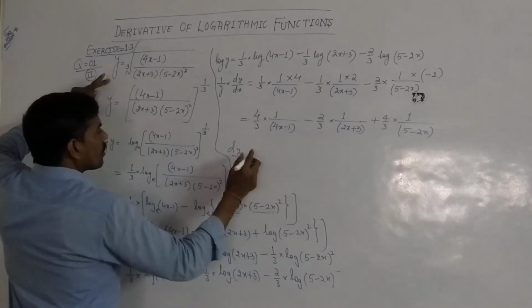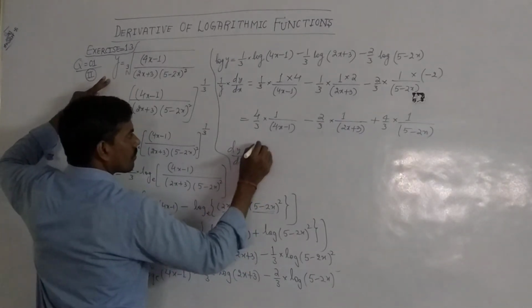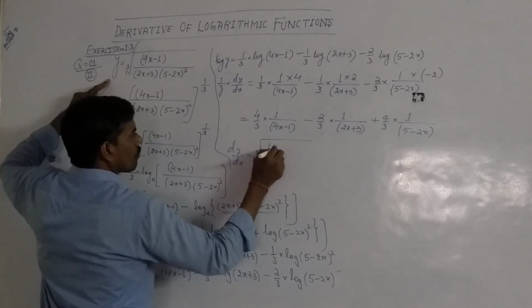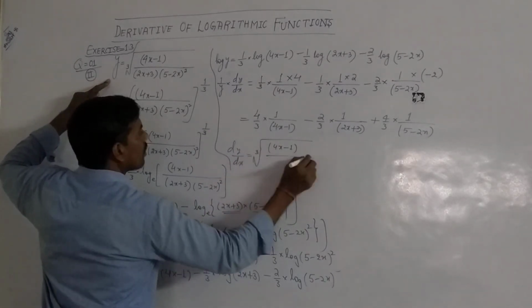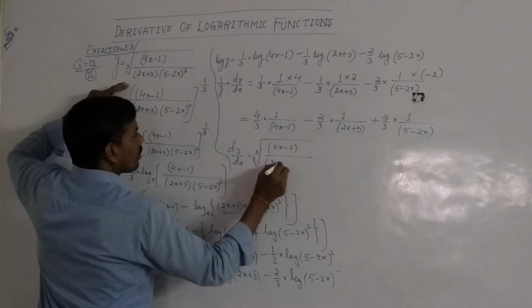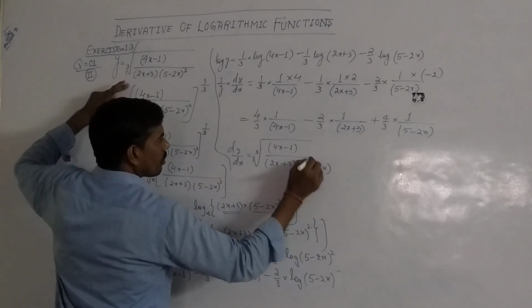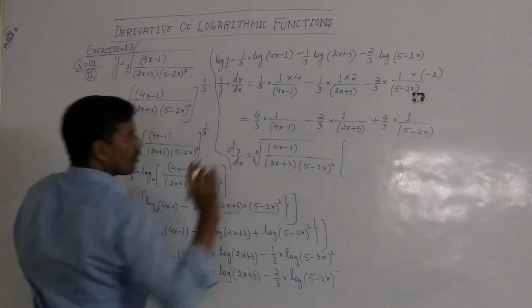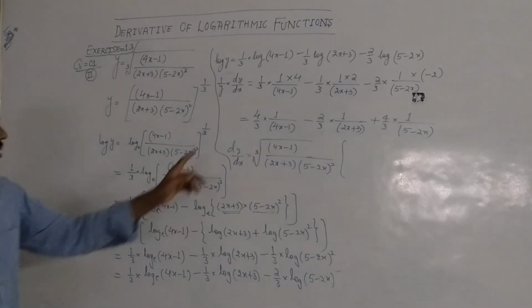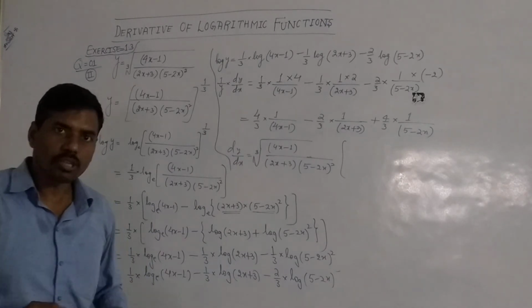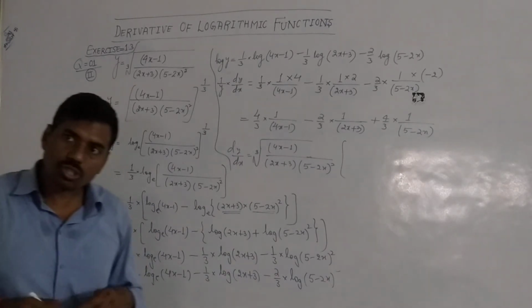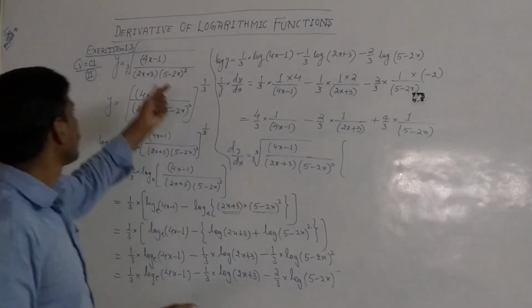Y is cube root of 4x minus 1 whole divided by 2x plus 3 into 5 minus 2x power 2. Okay? y is multiplied, but we have to find the actual value of y. Here y is this.